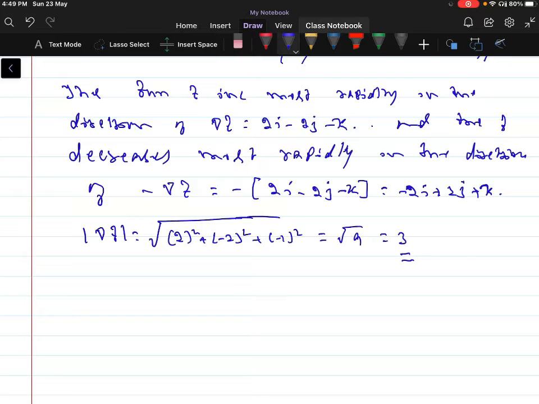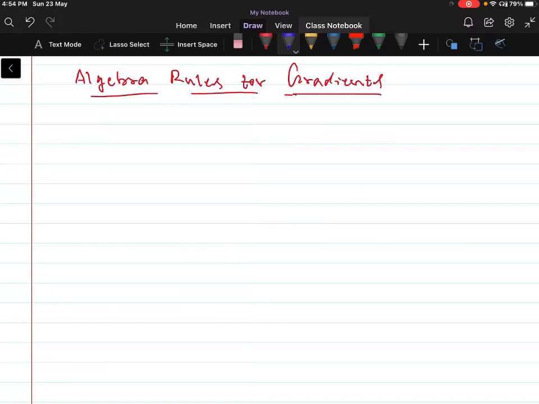Where 3 is the rate of change of the function f as it increases rapidly in the direction of gradient of f, and minus modulus of gradient of f is equal to minus 3. So this is the rate of change of the function f as it decreases most rapidly in the direction of minus gradient of f.